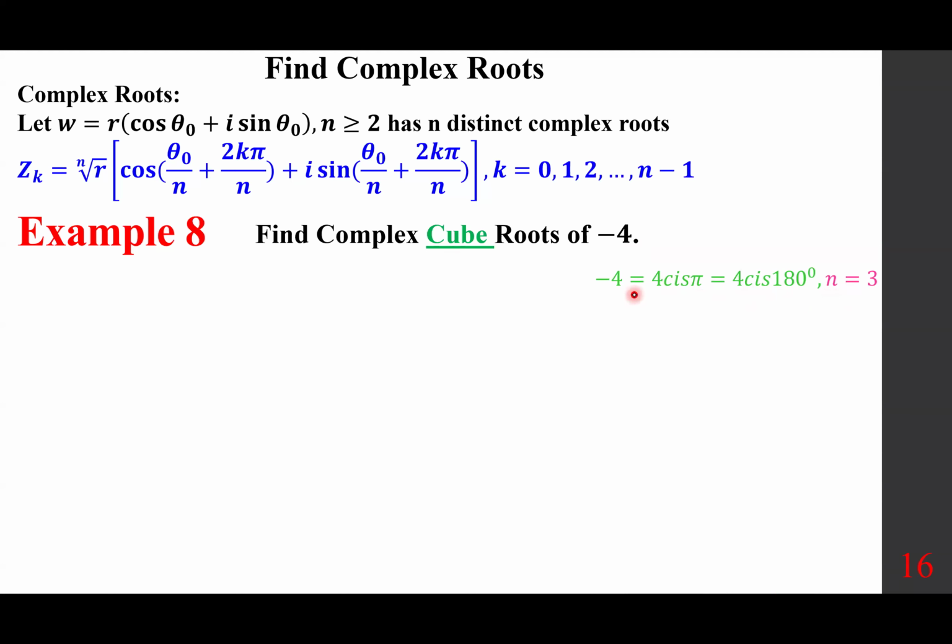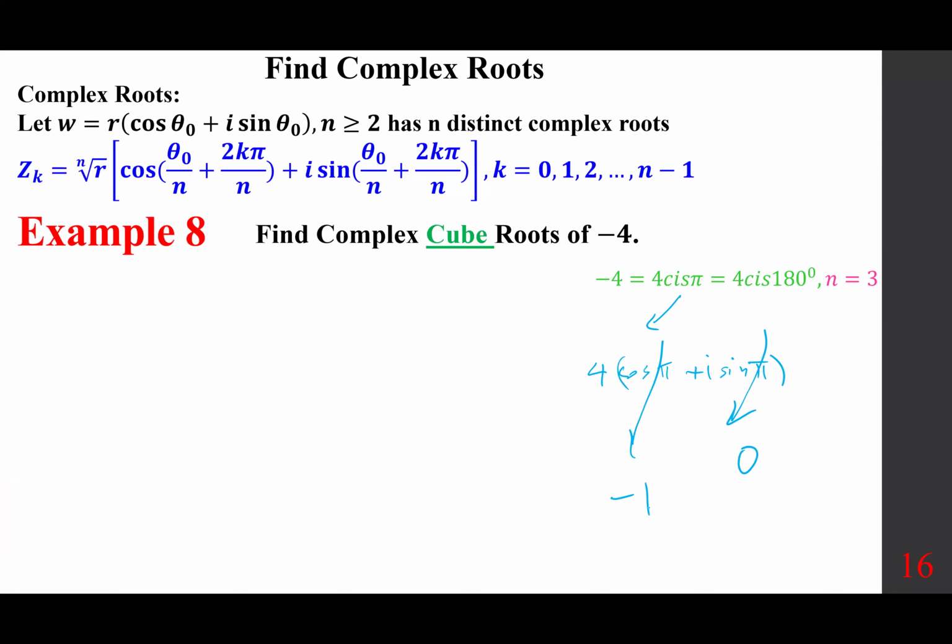So minus 4 is 4 cis pi. You can expand it and see that. Let me just show you why you should know that. 4 cosine pi plus i sine pi. As you know, this goes to 0, because sine pi is 0, and cosine pi goes to -1, so you get -4.